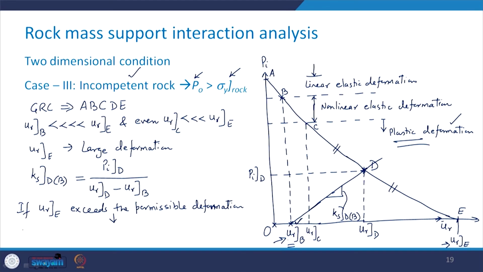What this will do is that there is going to be the loosened rock around the tunnel periphery may collapse into the cavity, which is not desirable.